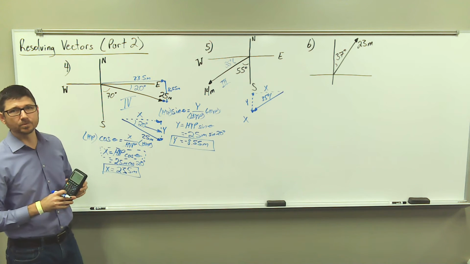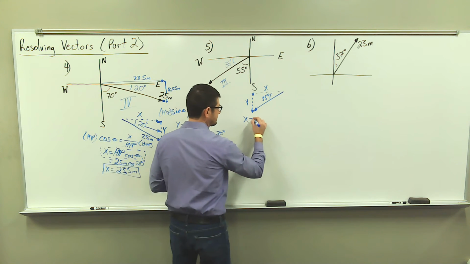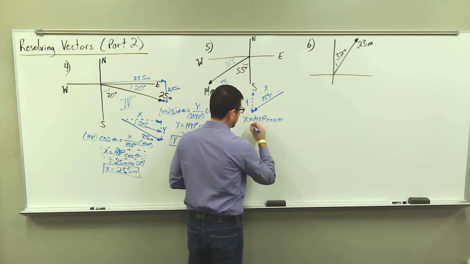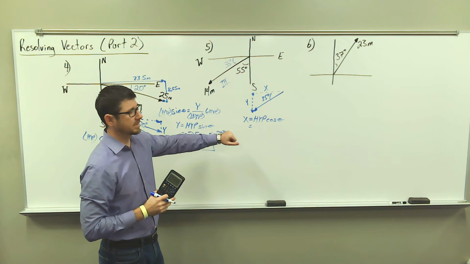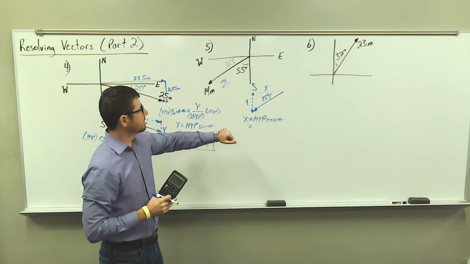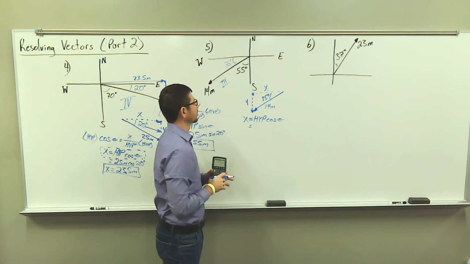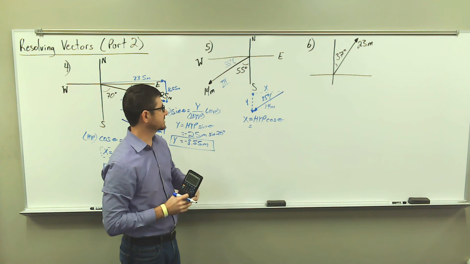X component equals the hypotenuse times cosine theta. Now we're going to plug in the value for hypotenuse, which is 14 meters. We're in quadrant 3, and so we're traveling in a negative x direction.